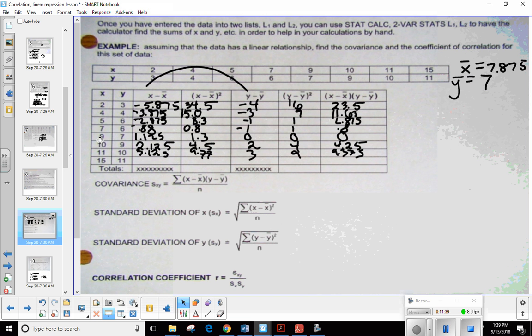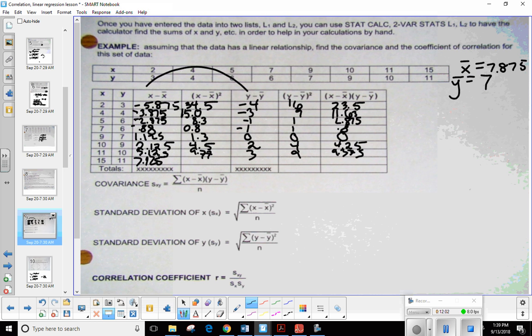So we got 15. Yes, we got 15 and 11. So first we need 15 minus 7.875. Okay. And we just square it.